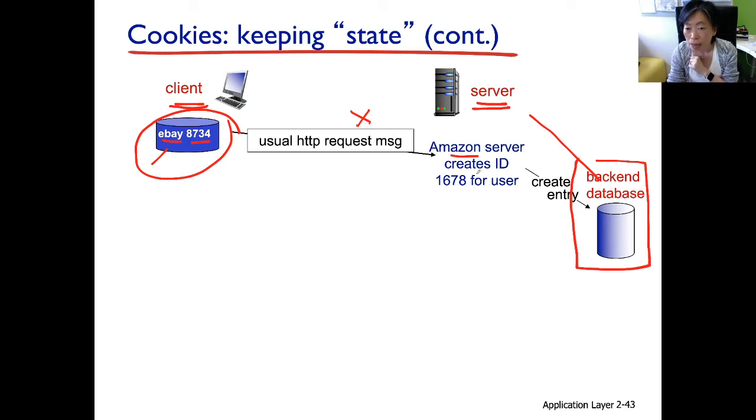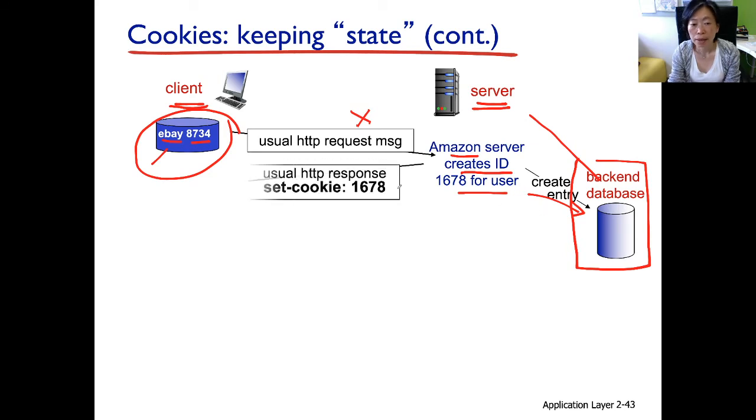But in the meantime, it will be creating an ID for this particular user and add that to the database. In the response, it carries the web object that you're looking for, but it also carries the special header line, the set cookie line. And see, the ID created is carried over through the HTTP response message back to the user.